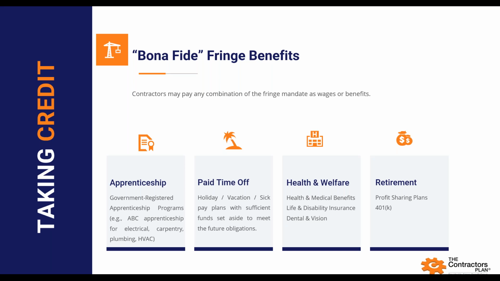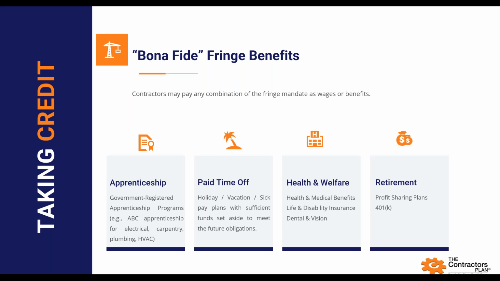And then the last two, health and welfare and retirement. Health and welfare being medical benefits and other insured benefits like life, disability, dental and vision insurance. On the retirement side, things like profit sharing plans and 401ks are very commonly where the majority of fringe benefit dollars are spent.